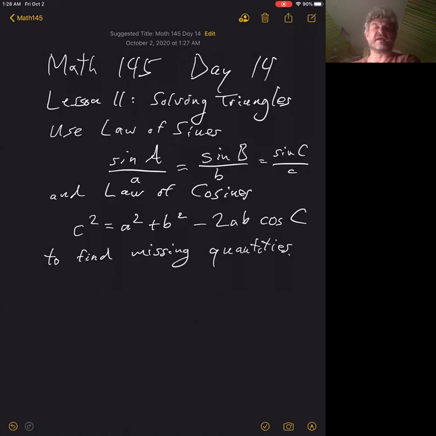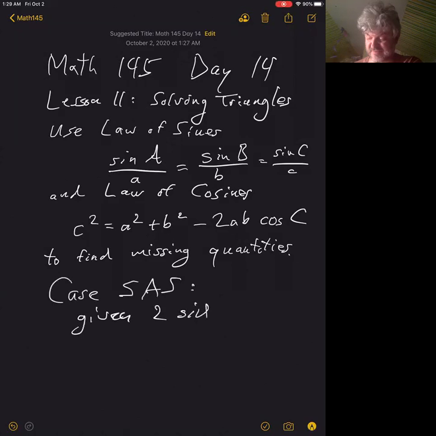And now I'm going to do an example where we're given two sides and the angle in between. Two sides and the angle in between.